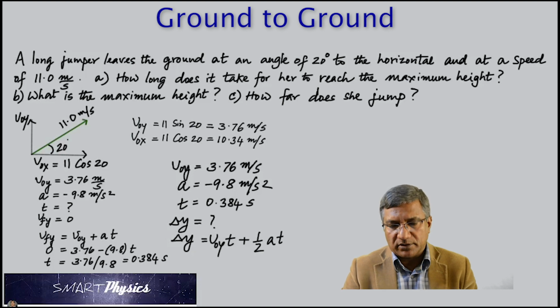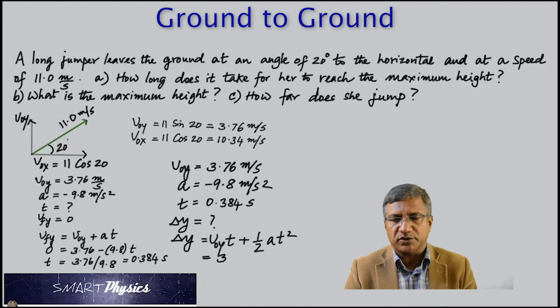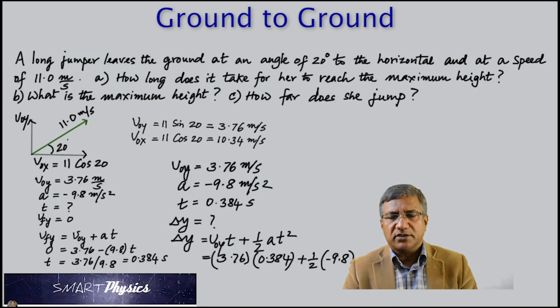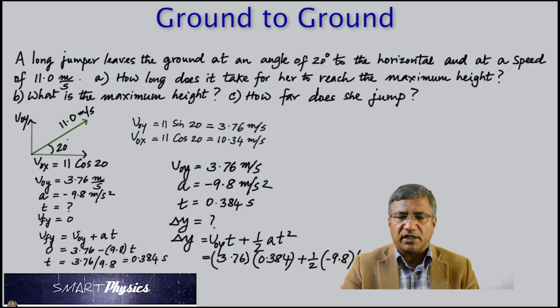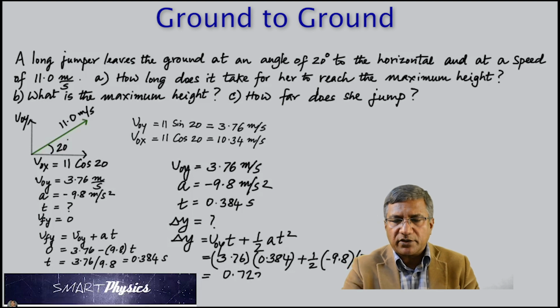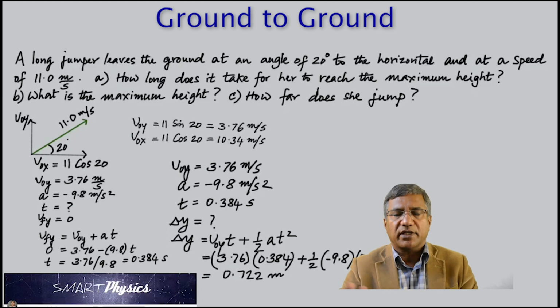You always look at the quantities to find which formula you have to use. So when you plug it in, you get 3.76 multiplied by the time plus 1/2 times negative 9.8 times the square of the time, because there is t squared there. Remember there are two terms here. Calculate that carefully. You get 0.722 meters. That's the maximum height.